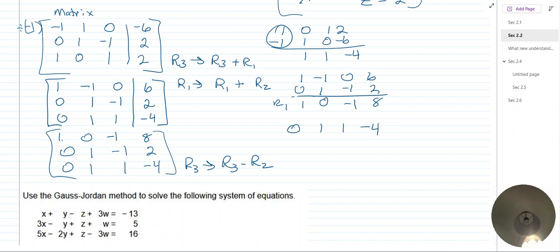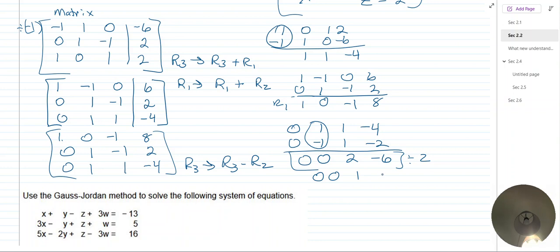And I'm going to subtract that one. 0, -1, 1, and -2. All right, this zeroes out. So I have 0, 0, 2, -6. So now I'm going to divide this by 2. That's 0, 0, 1, -3.